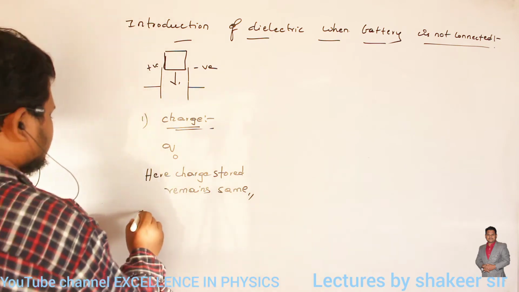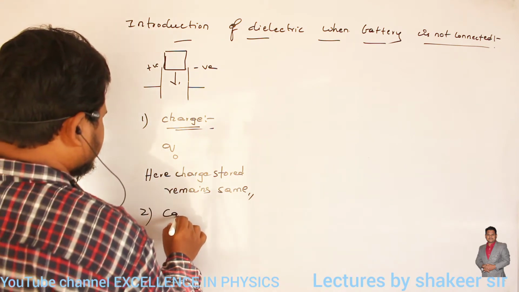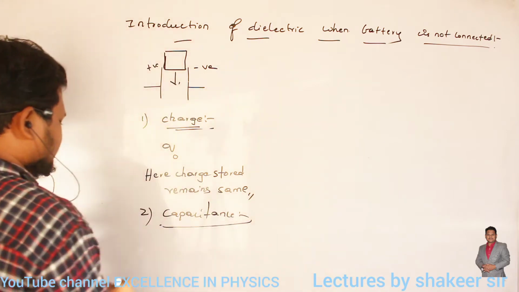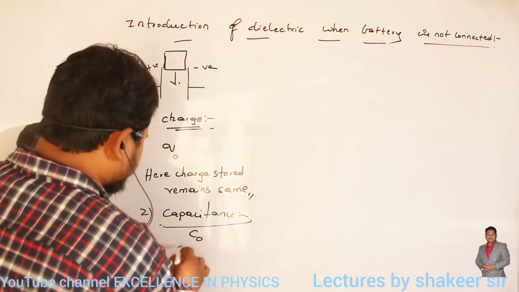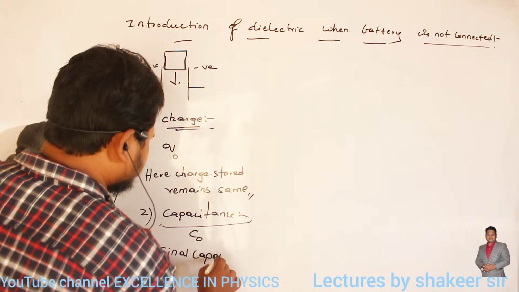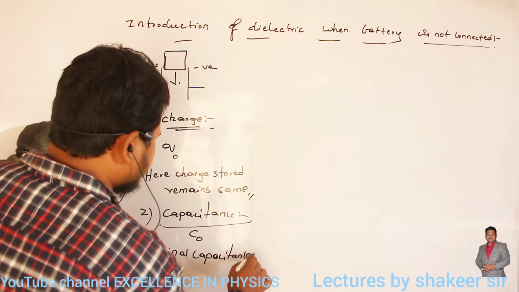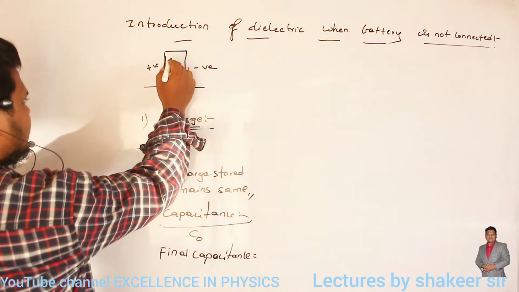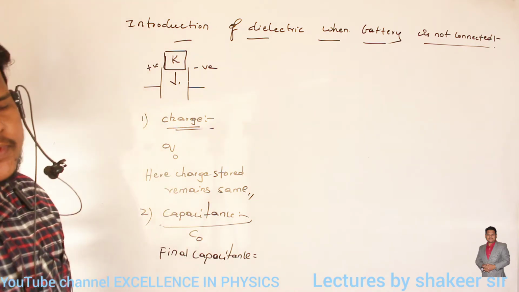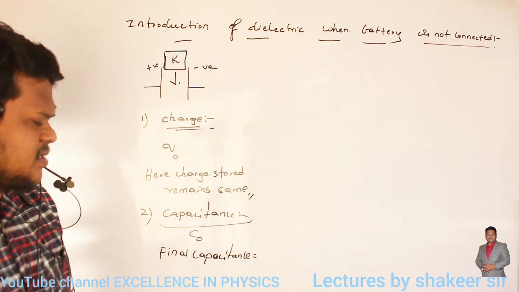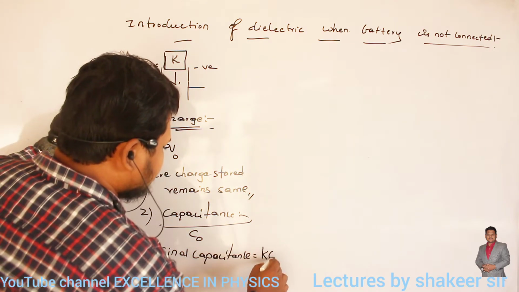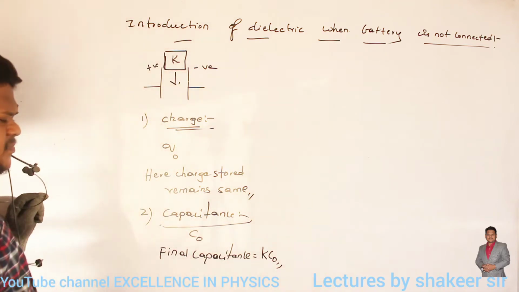Then what about capacitance? Let the initial capacitance be C naught. What will the final capacitance be? This dielectric has a dielectric constant of K, so the final capacitance will be K into C naught. This we have already studied.